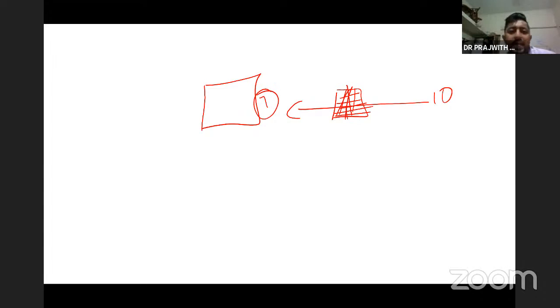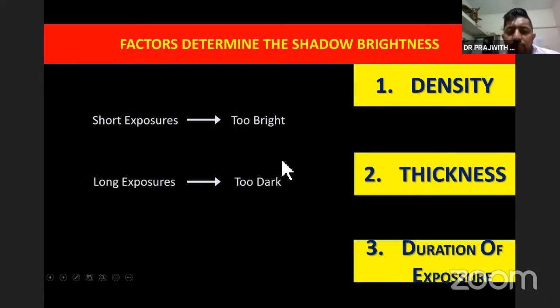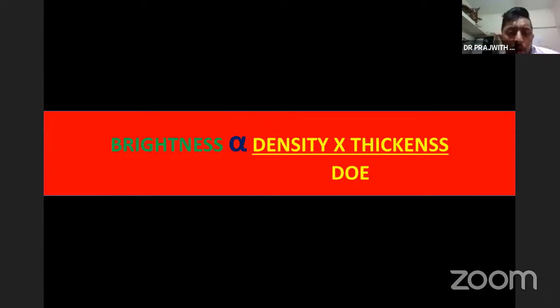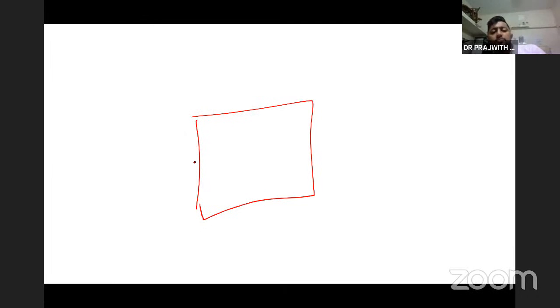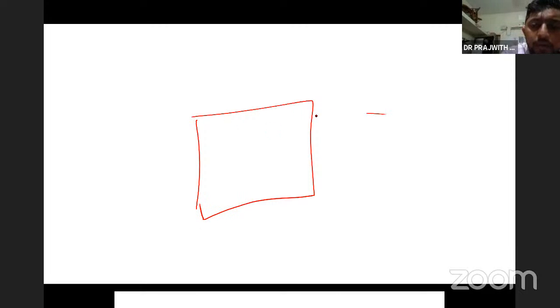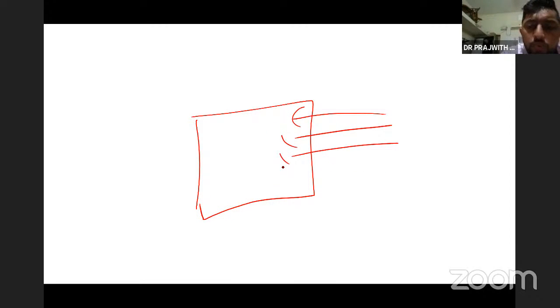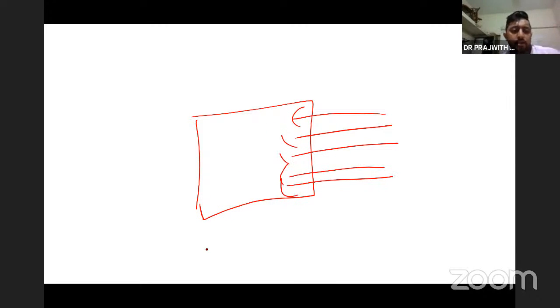If I increase the time here, what will happen? More and more X-rays will be going and hitting the X-ray film, and now the blackening will increase.